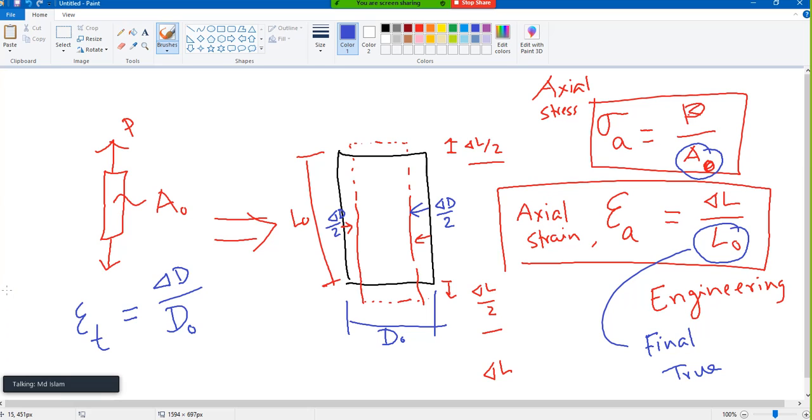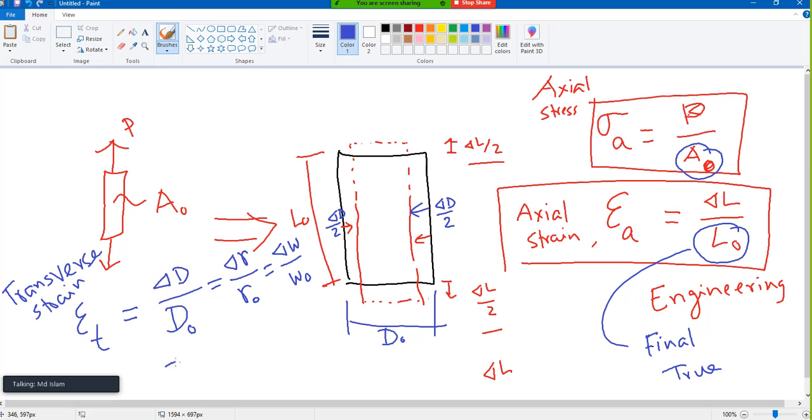It is called transverse or lateral strain, epsilon t: change in diameter divided by original diameter. Or you can use the other way, change in radius divided by original radius. Now if it is not round, say a plate, then you can take change in width divided by original width.